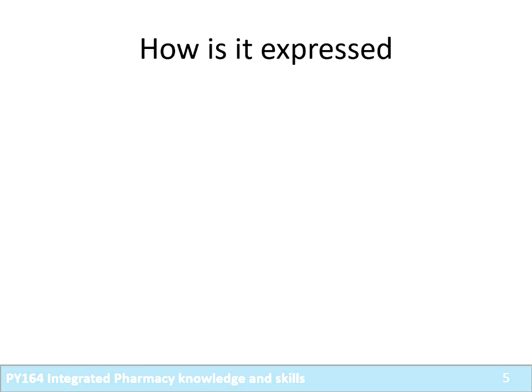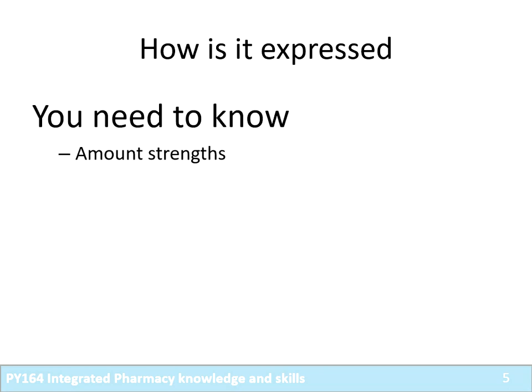So this has been very brief, but what you really need to know are amount strengths, so the amount of drug in any product, ratio strengths, how much of that in a ratio with something else. Parts per million is another expression of the way that drug strength is given.